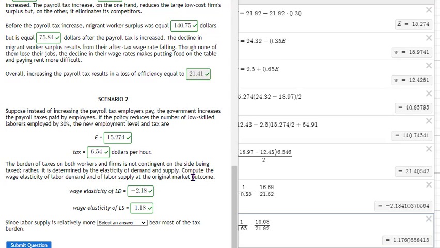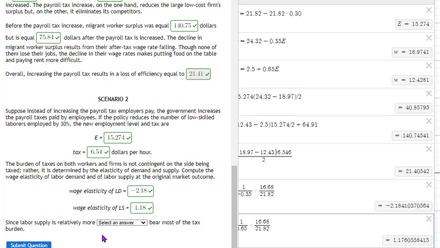So we can see from these elasticity calculations that the wage elasticity of labor supply is relatively more inelastic, as it's closer to being between 0 and 1, where it would be inelastic, right? So both are elastic. Labor supply at the equilibrium and labor demand at the equilibrium are both elastic, but labor supply is relatively more inelastic, right?